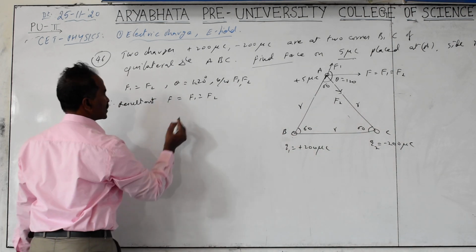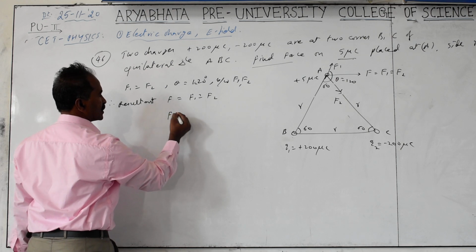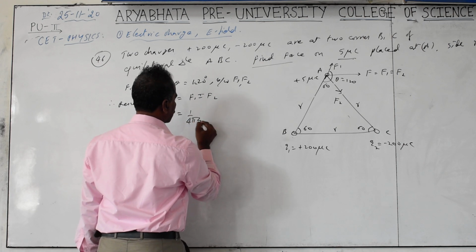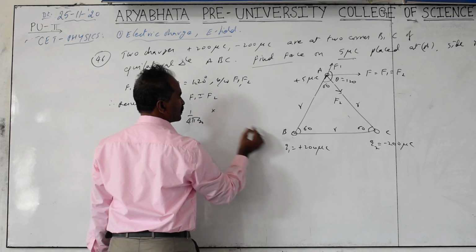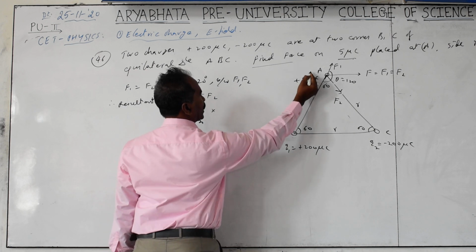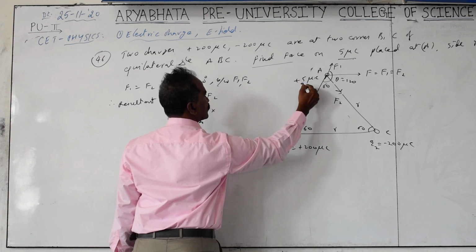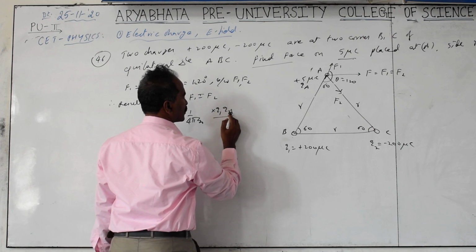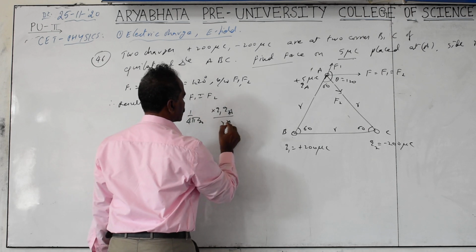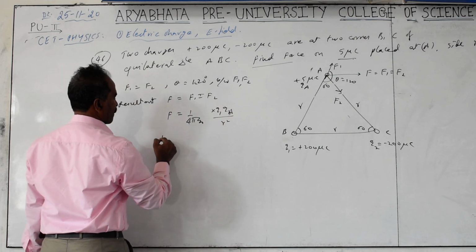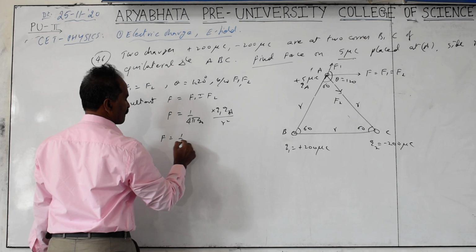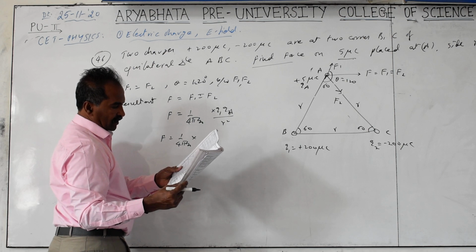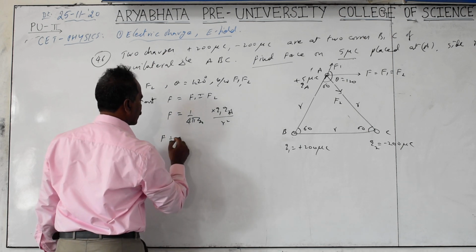So you will get only one force, F1. F1 is equal to 1 by 4 pi epsilon naught into Q1 Q2 by r squared. You take this as Q1 and QA, divided by distance squared, and 1 by 4 pi epsilon naught is 9 into 10 to the power 9. When the values are given in numbers, you convert them.